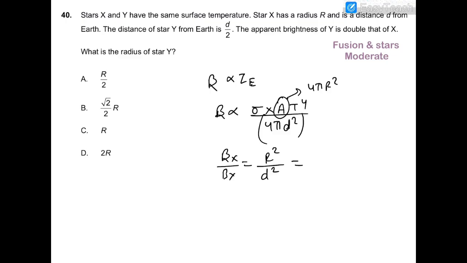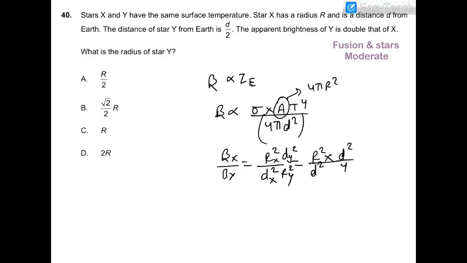So the radius of X is r, and this is rx upon dx, and this is ry upon dy. So dy, the distance of Y from Earth is d by 2. So this is d square by 4, and distance of X from Earth is d.